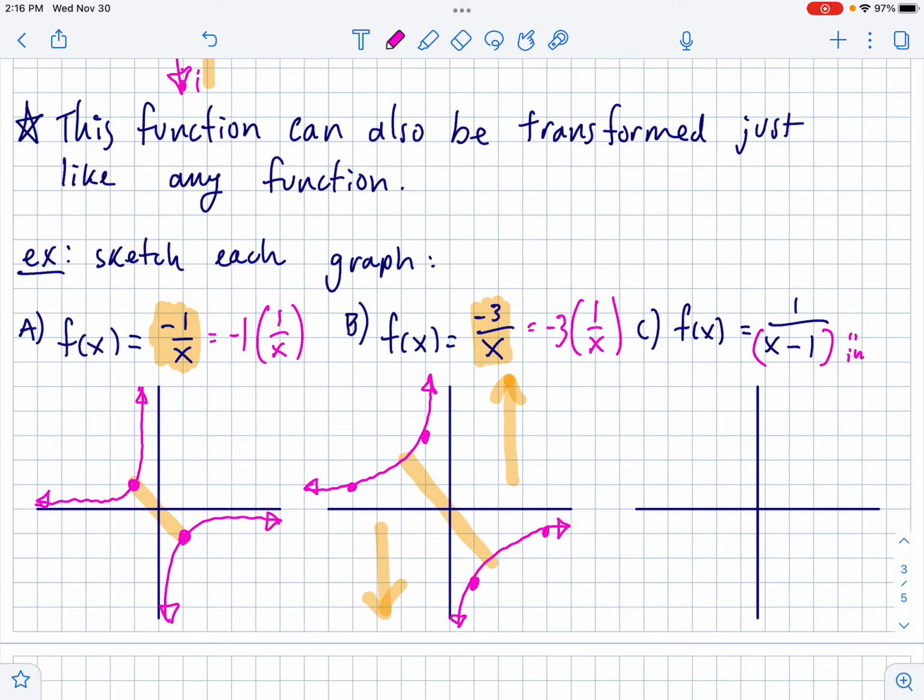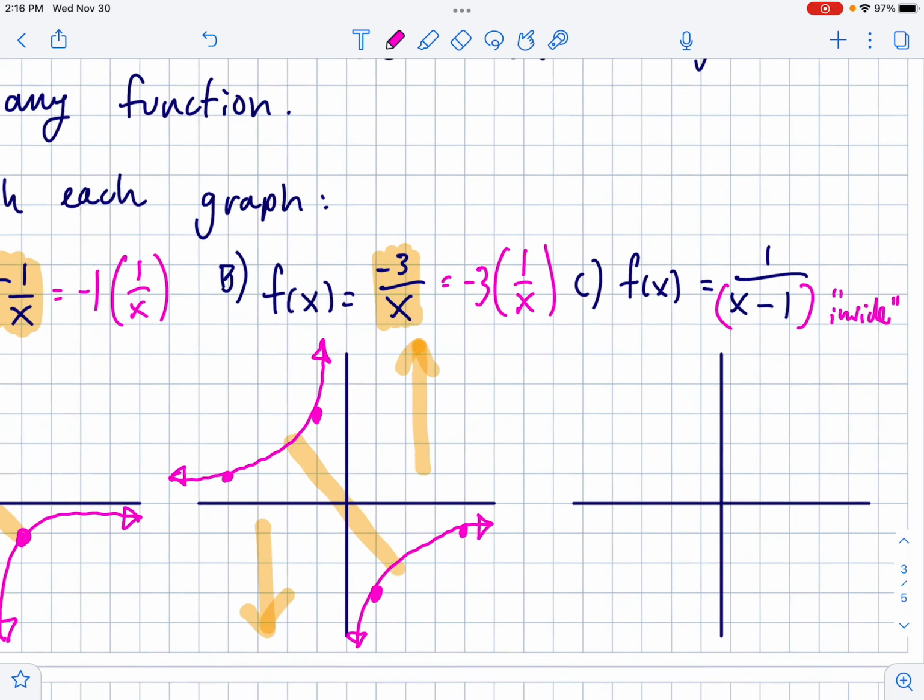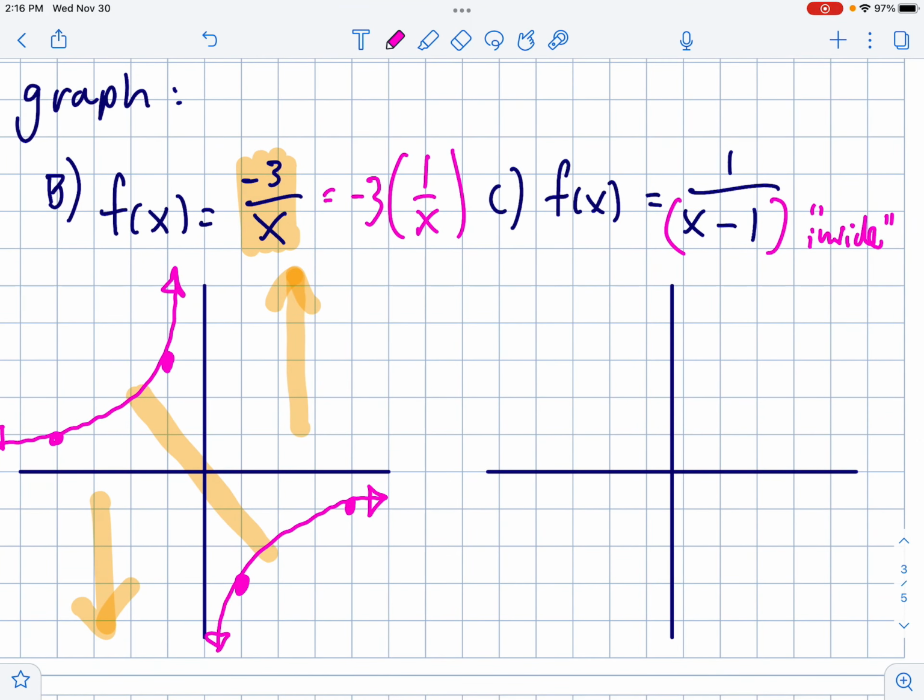The last one, you need to think of this as being inside the function. So that means that the entire graph got shifted 1 to the right. So instead of the vertical asymptote being at the y-axis, it is now going to be right here at x is equal to 1.